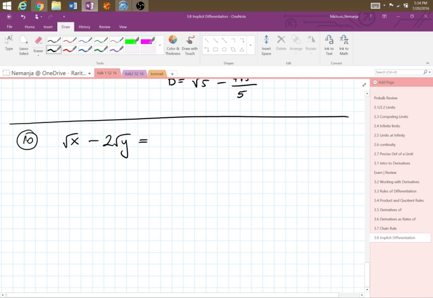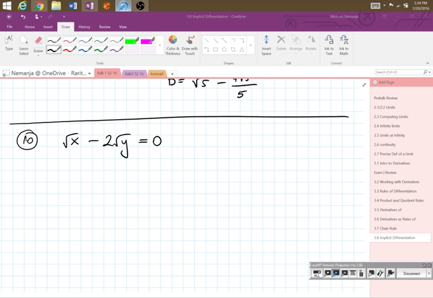Square root of x minus 2 square root of y is equal to 0. Wow. Come on, lag. Is this freezing in the top right corner? I don't know if you hit the right. Freeze, huh? Oh, maybe we should increase the temperature of the... Maybe it's on the projector.